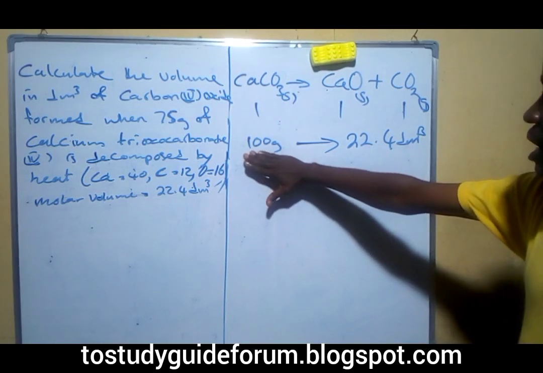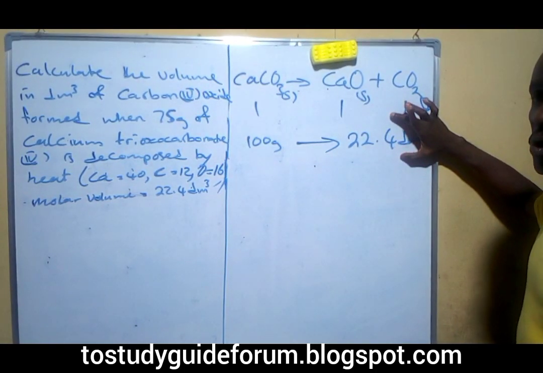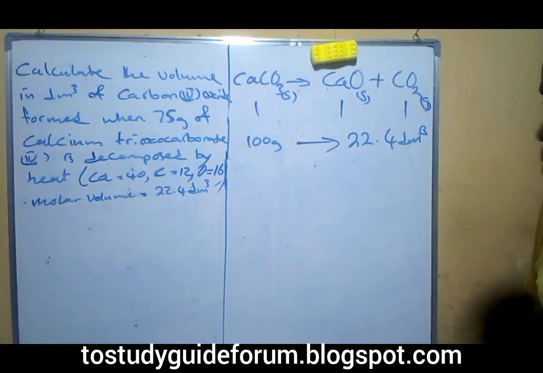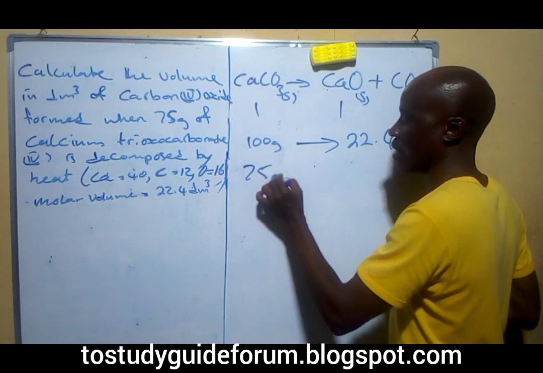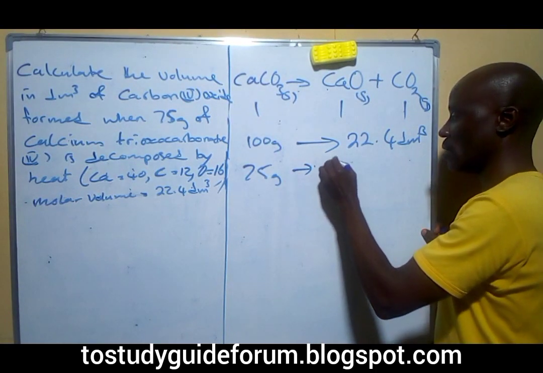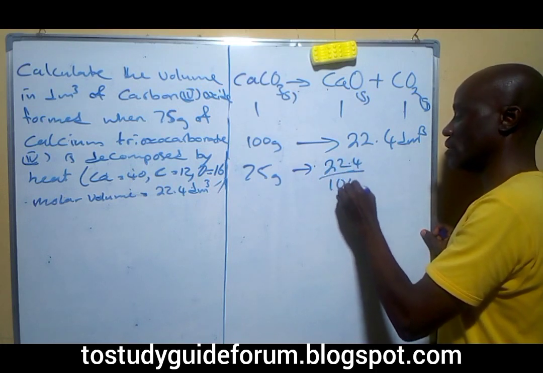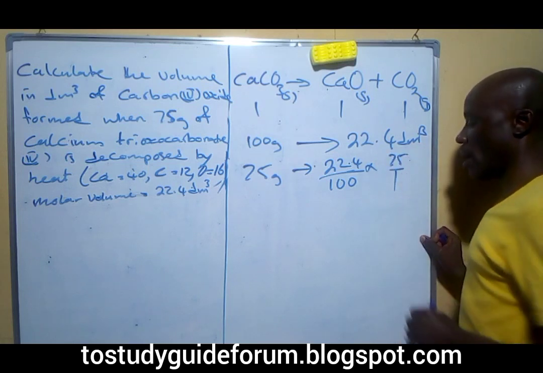So yes, 100 grams will give us 22.4 dm cube of carbon(IV) oxide. So now, what will 75 grams of this give us? We'll then say 75 over 100 times 22.4 over 1.